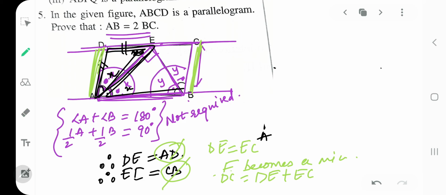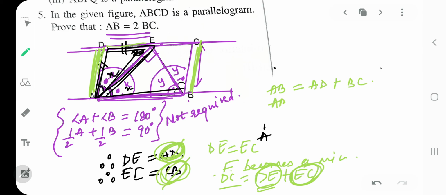So instead of DC, can I write AB? And instead of DE, I write AD because DE is equal to AD. So will that work if I write AD in place of DE, plus in place of EC, can I write, oh what should I write, BC? Will that work?